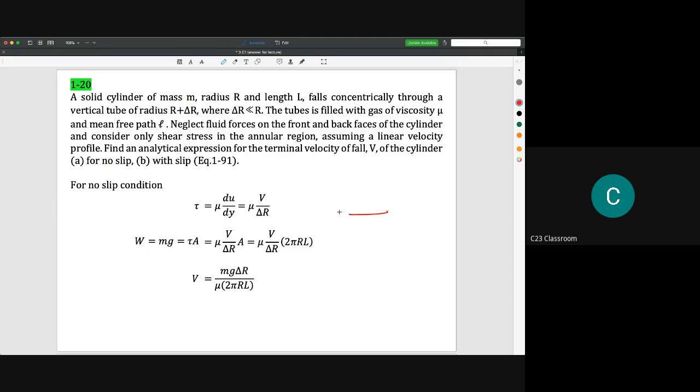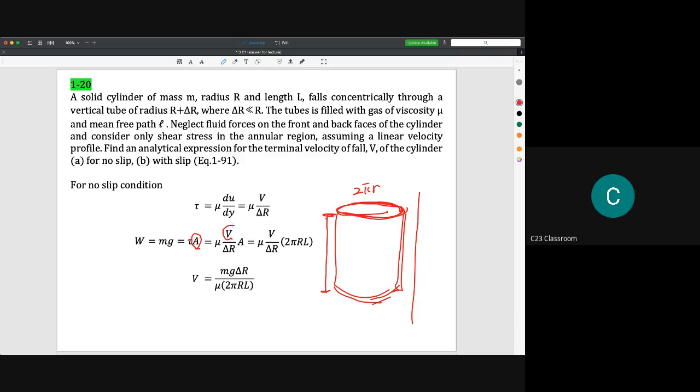You have a cylinder here, and we assume that this cylinder is falling down at a certain speed. So the A here is the area of this cylinder. You calculate 2 pi r, the circumference, and multiply it by the height. Then we have tau equal to mu du/dy.